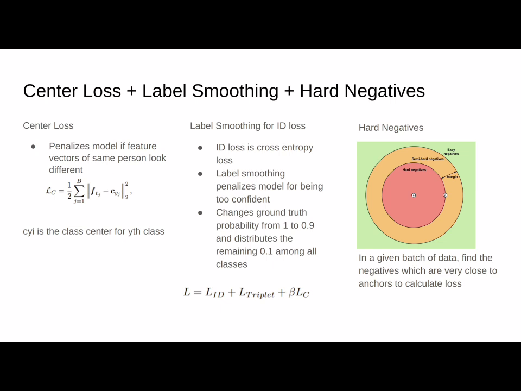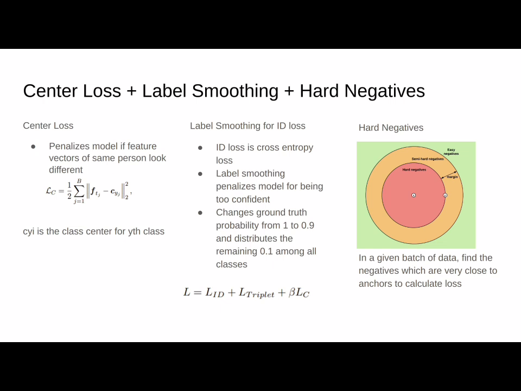So basically what that means is, let's say for a given positive sample, the distance between positive and anchor is 0.3, and the distance between the negative and the anchor is 0.7, and the margin is 0.3. Well, the loss in this case is 0.